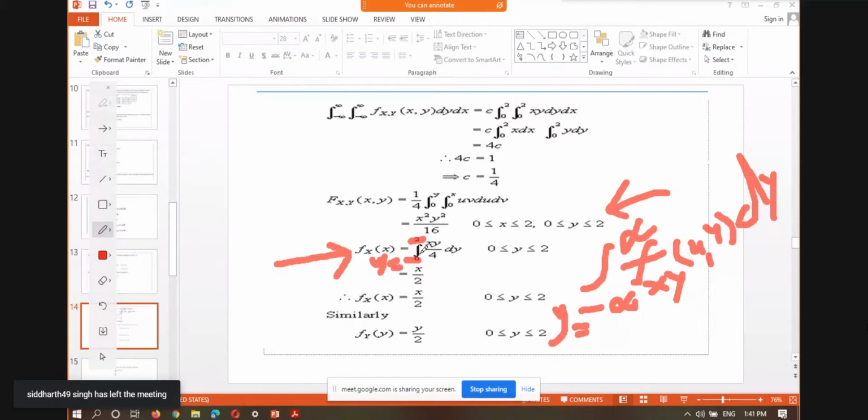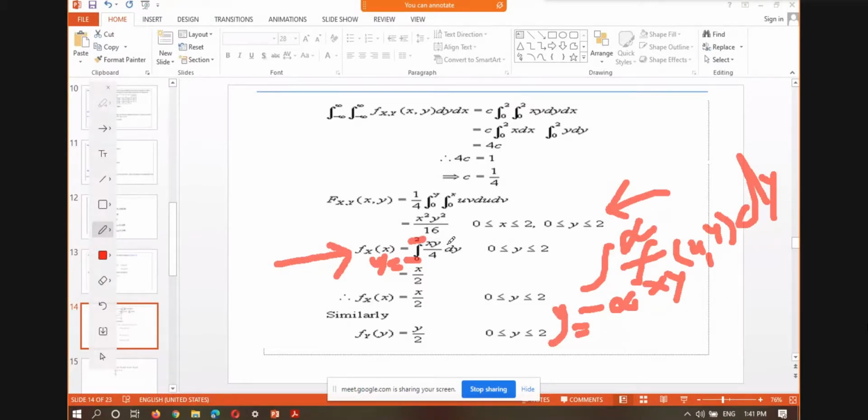So for y equal to 0 to 2, we have cxy, and c is 1 by 4, so we have written this, and we integrate with respect to y, giving y square by 2, and you substitute the values of y as 0 and 2.